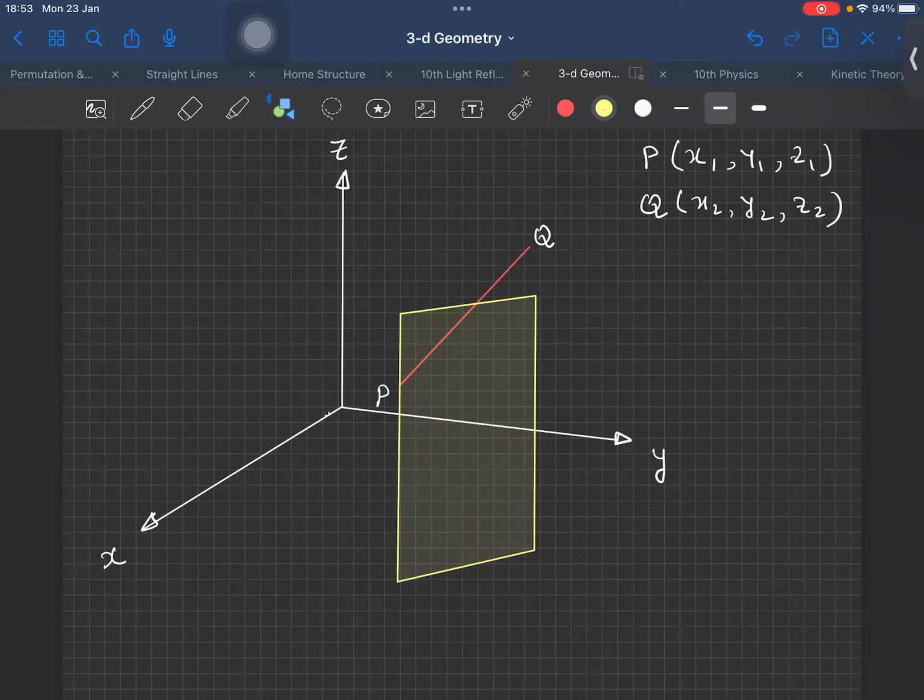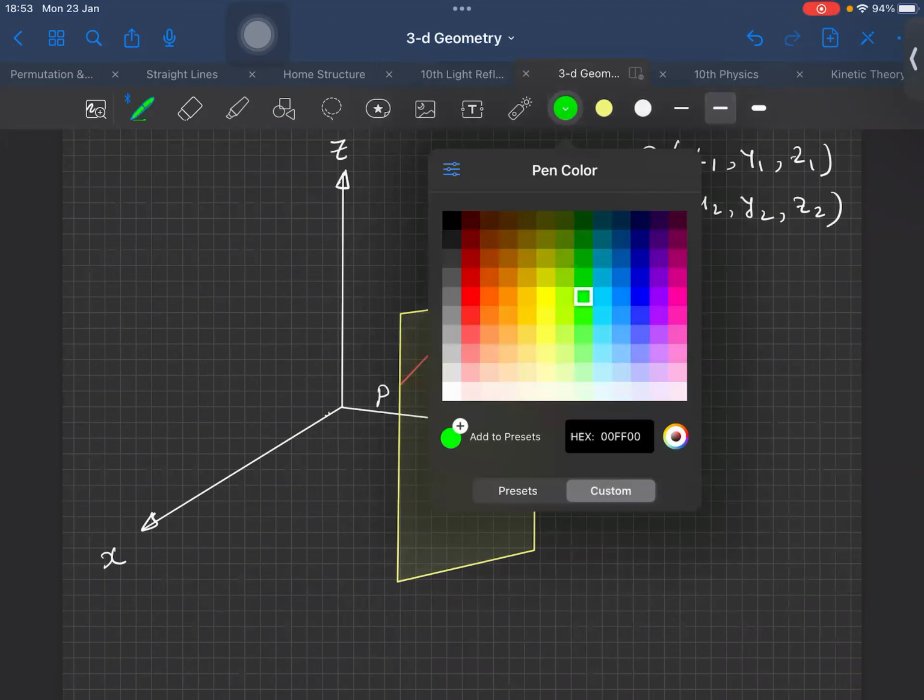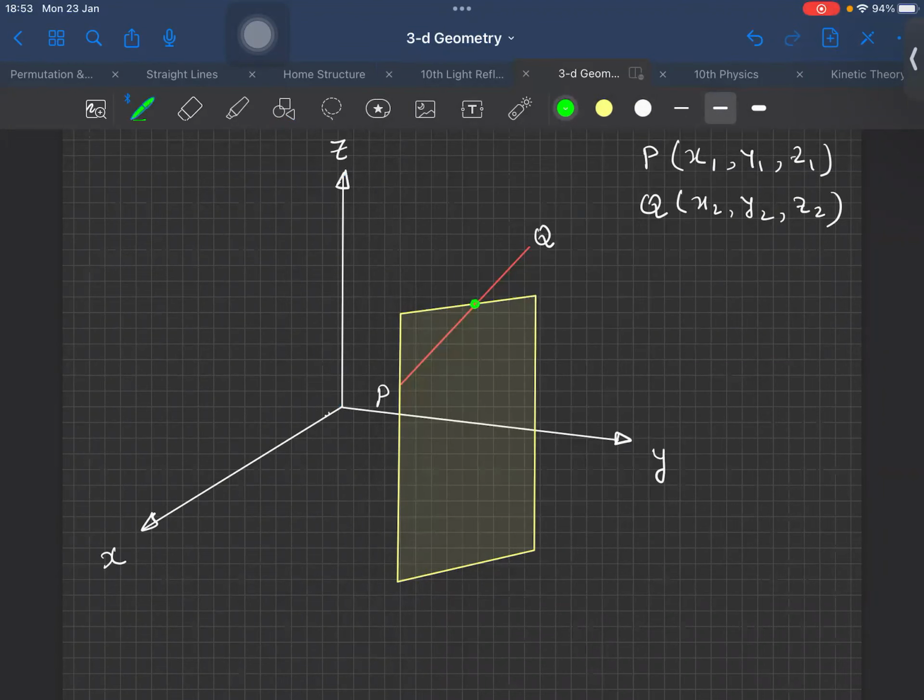Now see, this plane intersects this line at some point, right here. Let's say this is R. We don't know this coordinate, so let's say the coordinate of R is X, Y, Z. We need to find this X, Y, and Z.